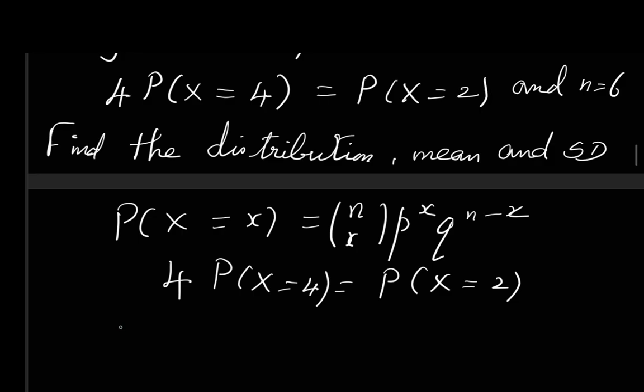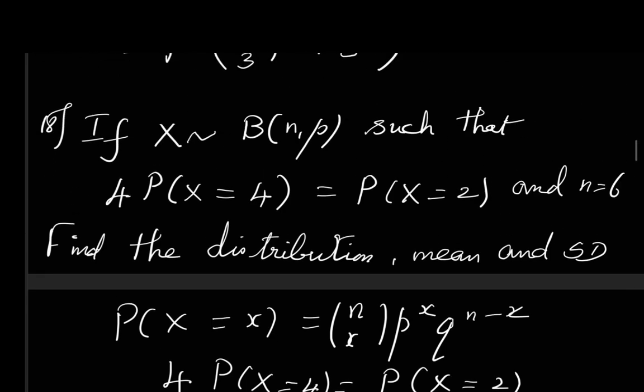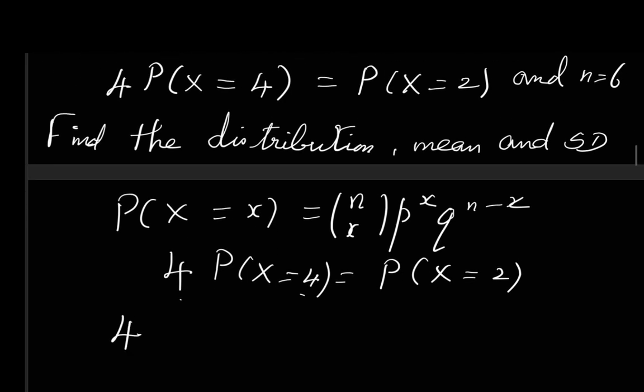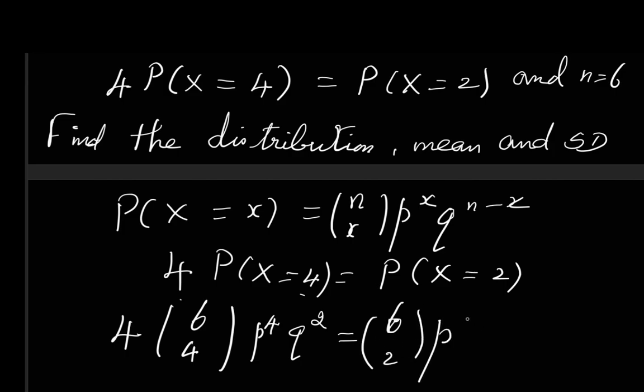So 4 into P of X equal to 4, but here n is given as 6: 6C4, then p power 4, q power 6 minus 4 is 2, and on the other side 6C2, p power 2, q power 6 minus 2 is 4.